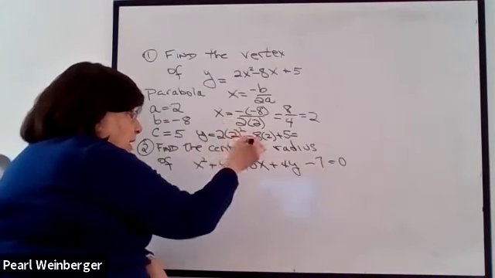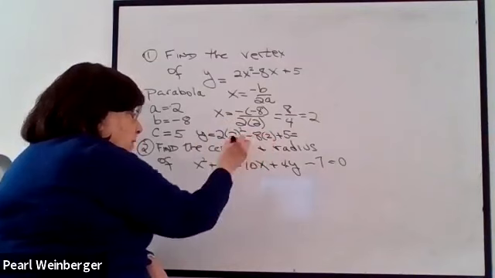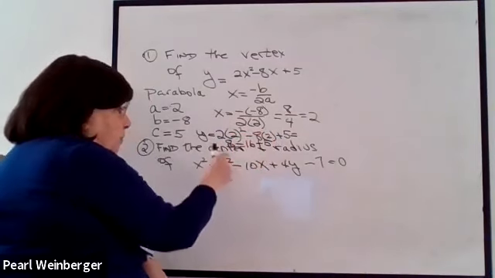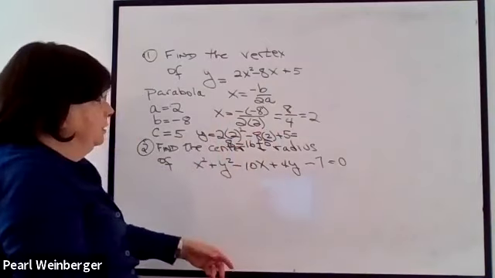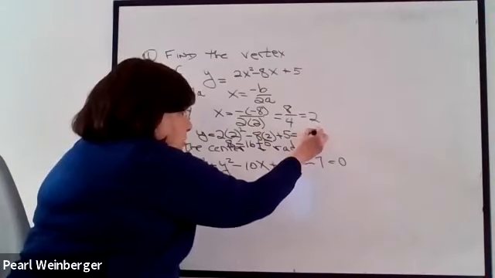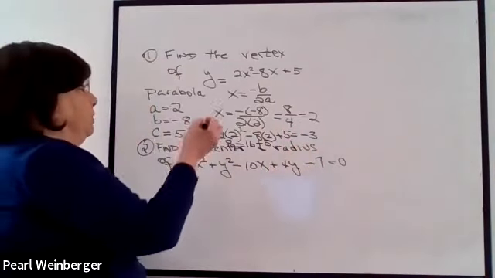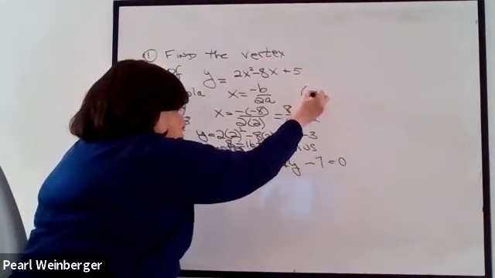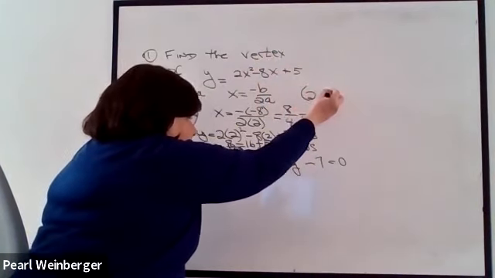This is 8 minus 16 plus 5. And if you add 8 and negative 16, that is negative 8. Negative 8 and 5 is negative 3. So this comes out to be -3. So the vertex of our parabola is the point 2, -3.